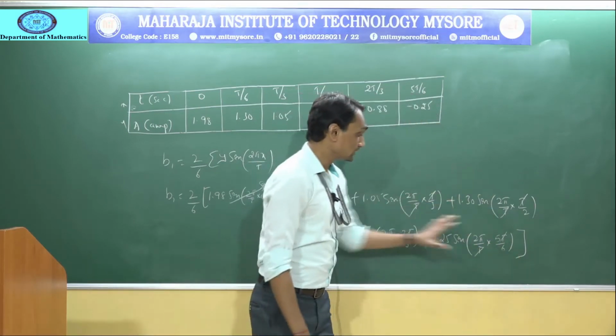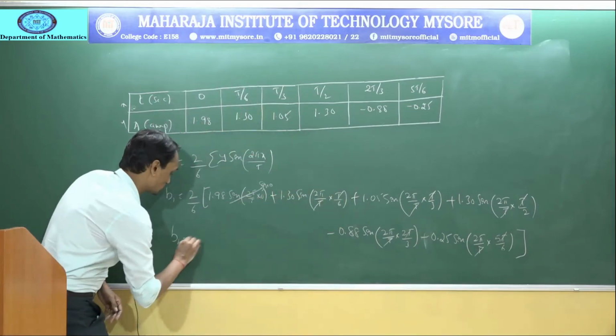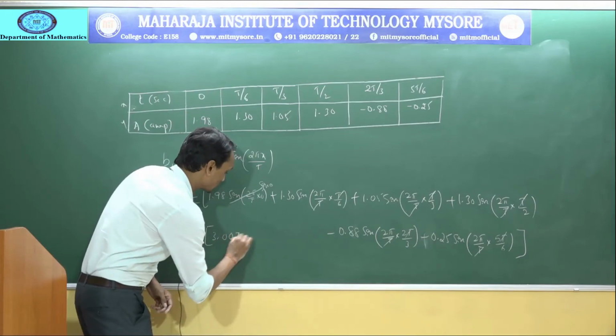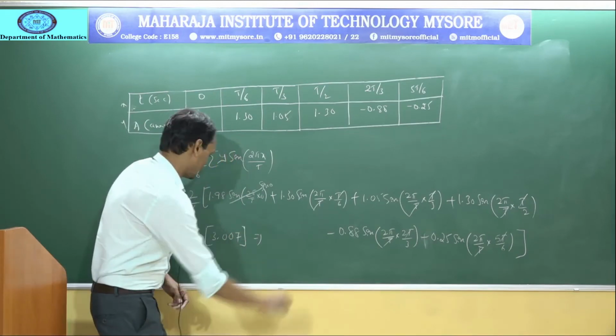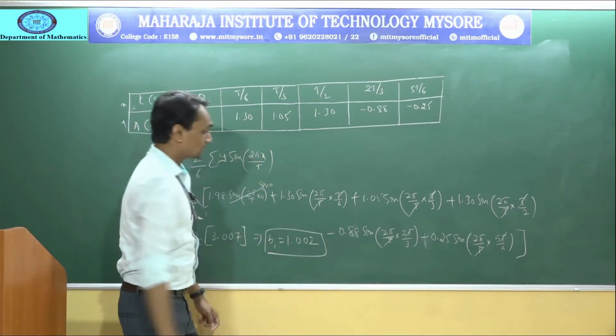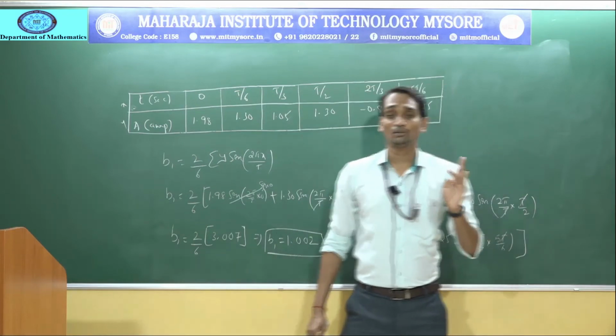Calculate all these values directly in Calc itself. After calculating you got B1 equal to 2 by 6 into 3.007, which implies B1 equal to 1.002.